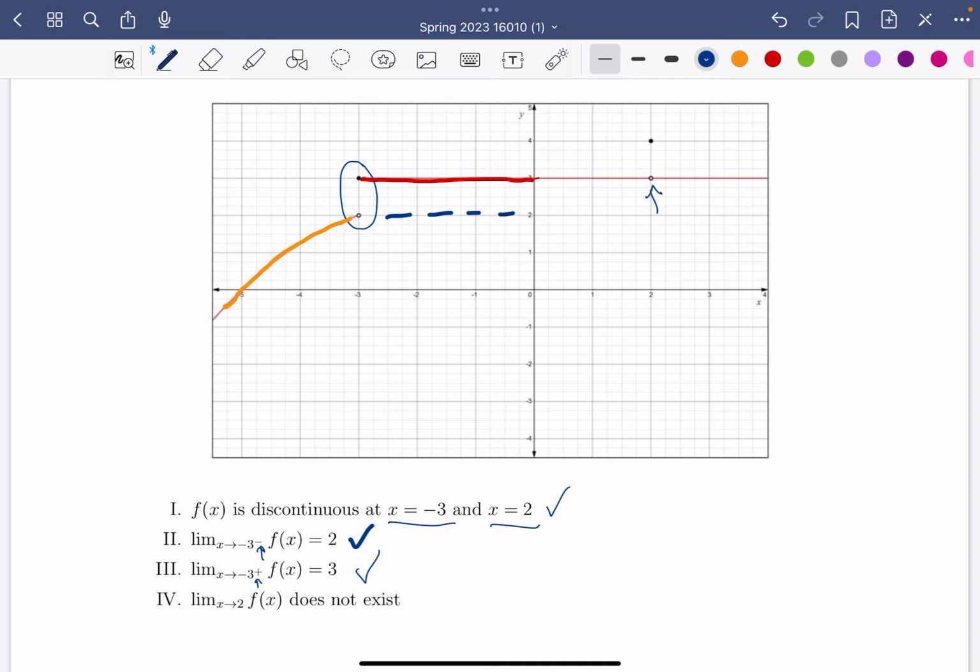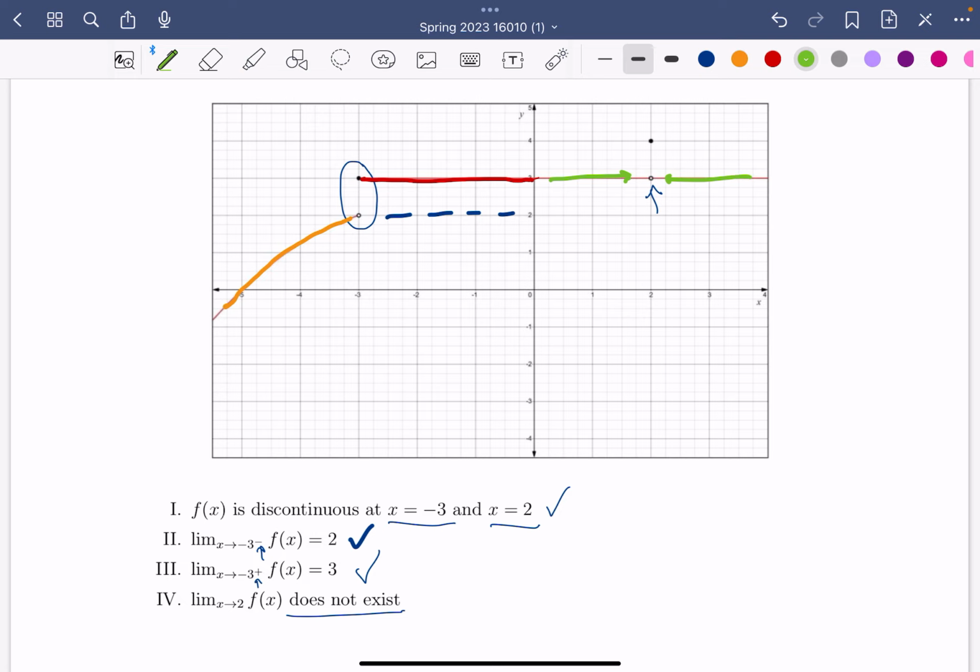And finally, the limit as x approaches 2 of f of x does not exist. Because there is no plus or minus on that 2 in that limit, we need to know that the limit as it approaches from both sides equals the same quantity.